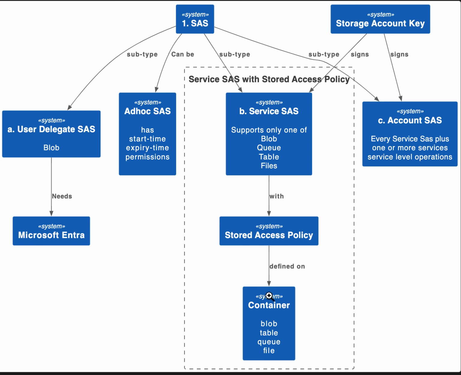You cannot override it: if you're giving only read access in your stored access policy, you cannot specify write access on your SAS token. So this gives you more granular control in terms of generating these tokens.